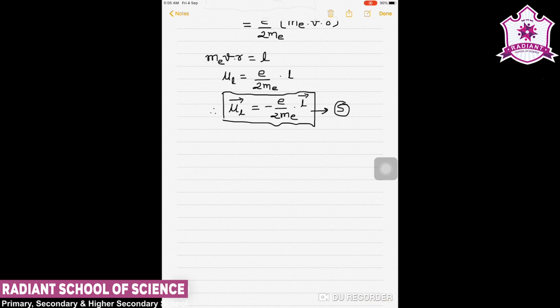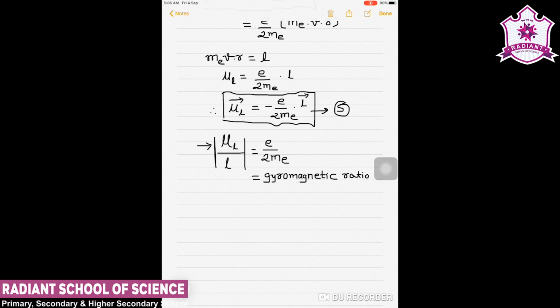If we only consider the magnitude, then the ratio mu L upon L, where I write L with a smaller suffix, is equal to e upon 2 me. We write it in terms of magnitude only, and this is called the gyromagnetic ratio.